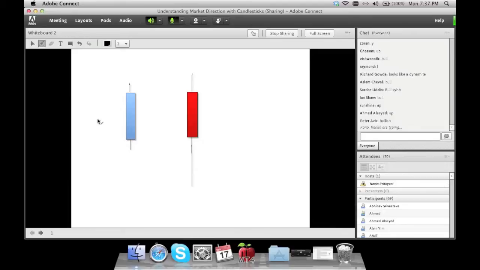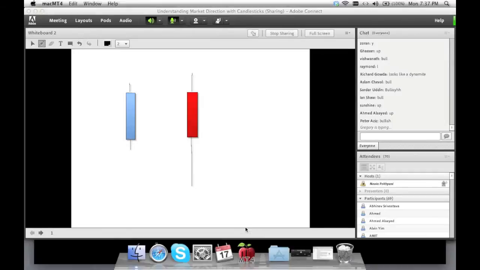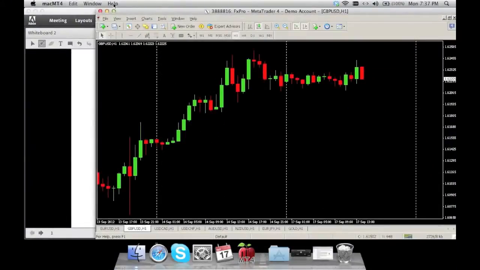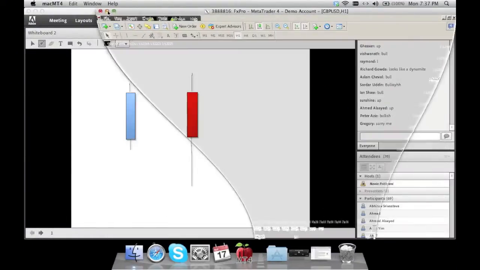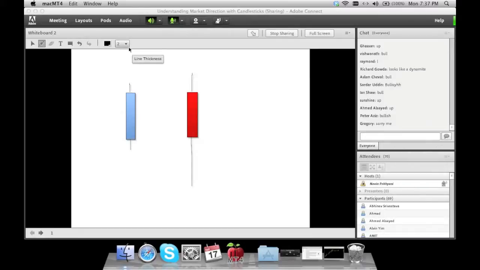It simply means that the market in that particular candle went long. Each candle represents a specific time frame. What the time frame is depends on your MetaTrader. You can set it to whatever you want, the 1 hour, 30 minutes, 15 minutes. So if you set your charts to the 1 hour time frame, each of these candles represents 1 hour worth of data.